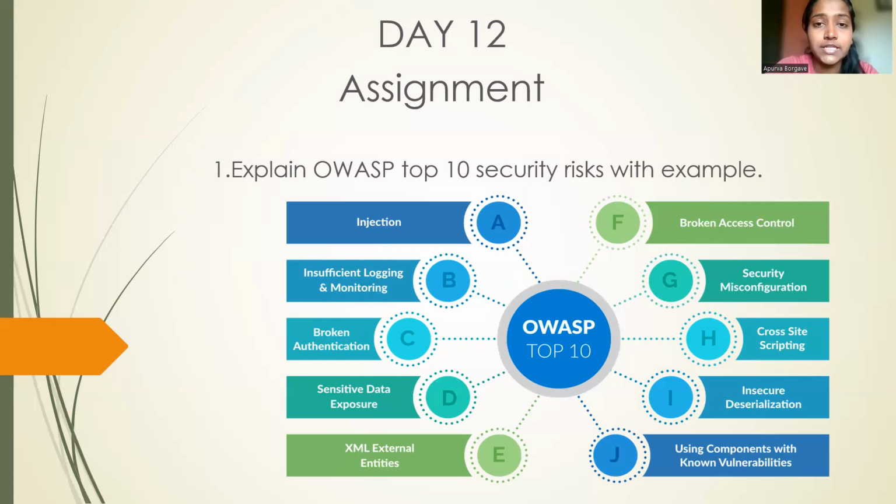The eighth one is insecure deserialization. Deserialization, or retrieving data and objects that have been written to disk or saved, can be used to remotely execute code on the application.